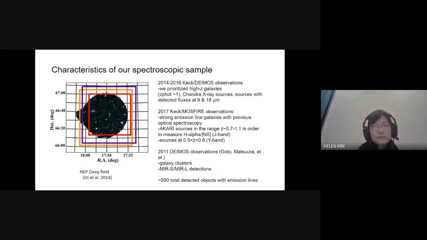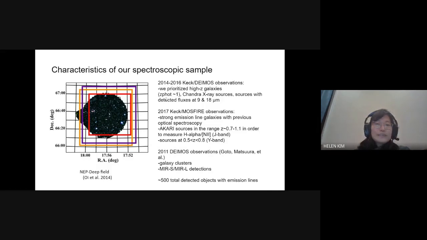Okay, so there have been several spectroscopic observations done over the past 10 or so years. During my time at UCLA, we've made several Keck DEIMOS observations from 2014 to 2016. And we prioritized high redshift galaxies, so around a photometric redshift of 1.